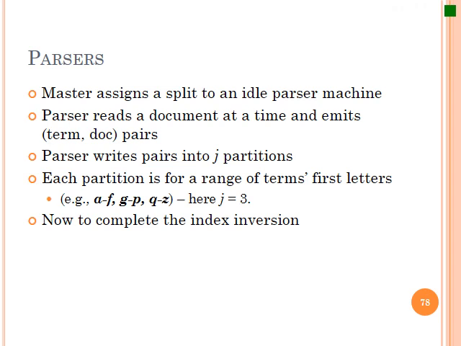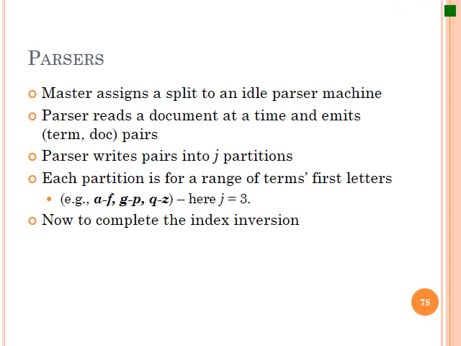The parser writes the pairs into J partitions, and each partition is for a range of terms' first letters. For example, if I want to partition into 3 partitions, I could write to partition 1 if the term starts with a letter between A and F, and write to partition 2 if the first letter is between G and P, and so on.